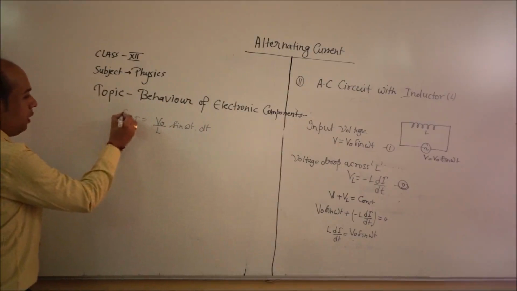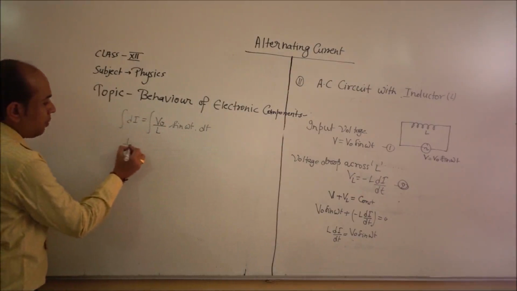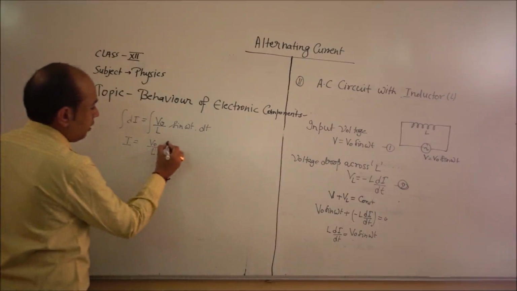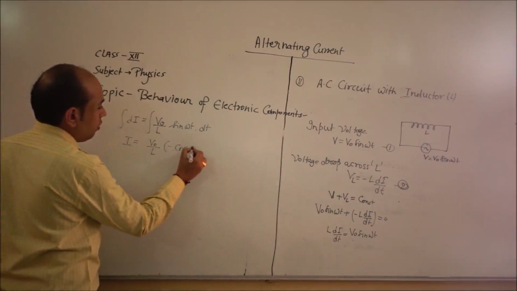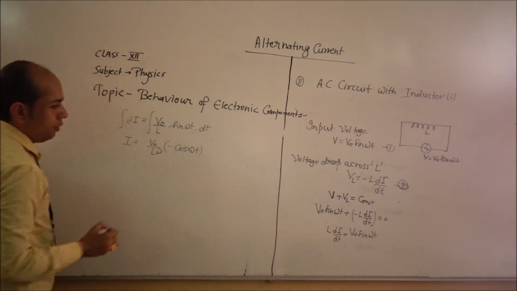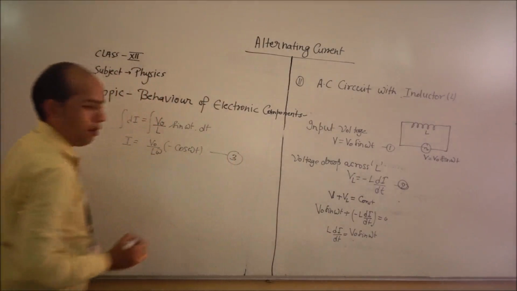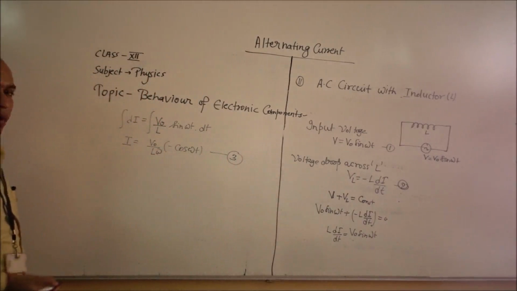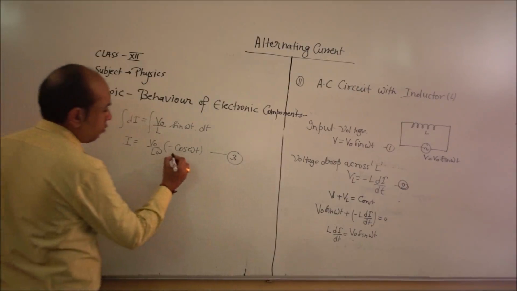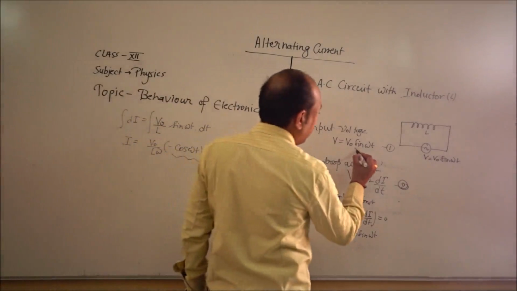Then we have to integrate in order to get the current. So di is replaced by I, V naught by L remains the same, sine omega t dt. This equals minus cos omega t along with 1 by omega. So this is the respective value of current. Okay. Now again, in order to get the result, first of all we have to change cos omega t, because voltage is given in sine terms.